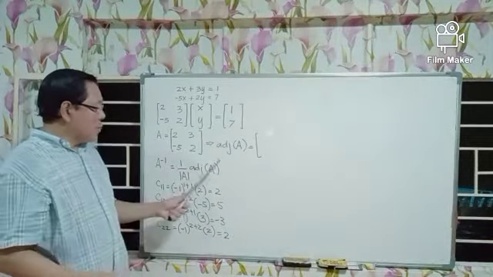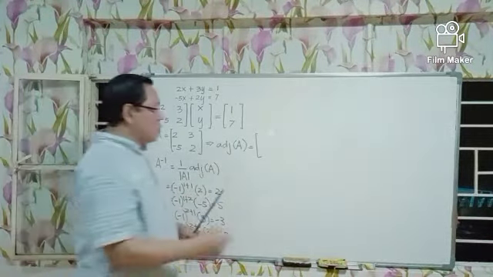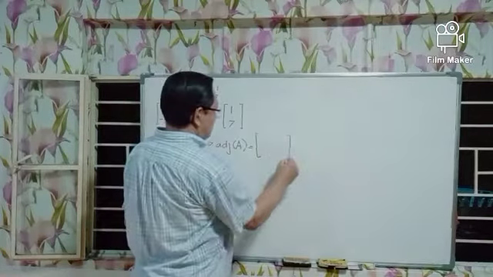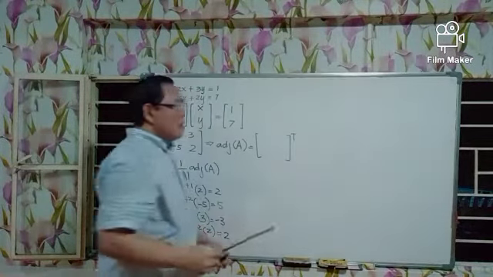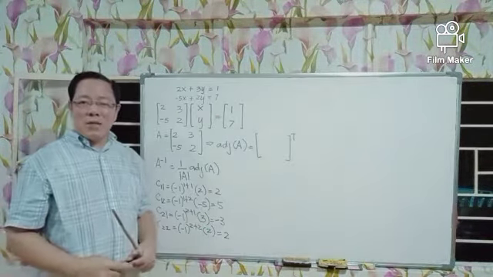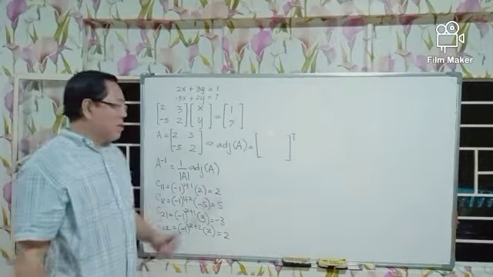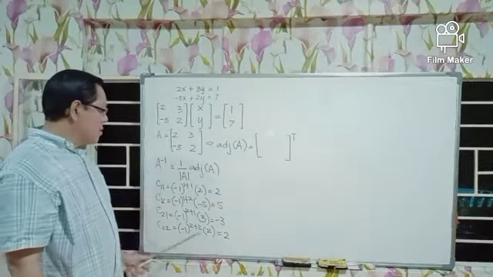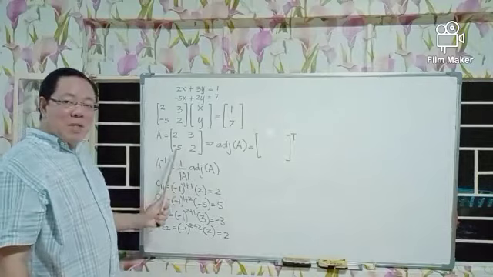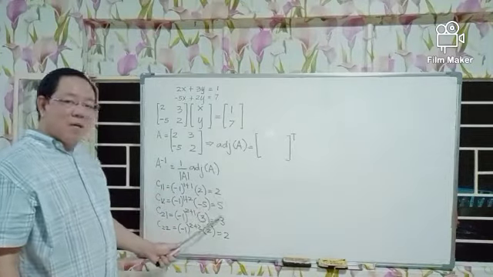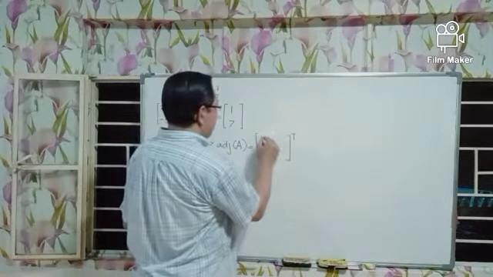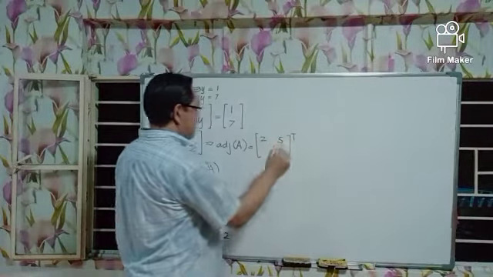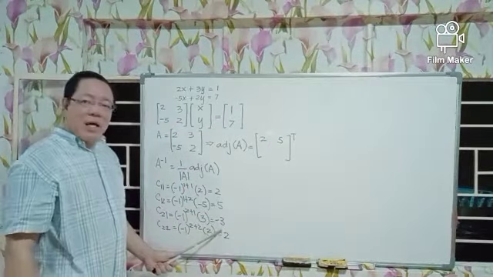And the adjoint of matrix A is the transpose of the matrix whose entries are the cofactors of the elements of A. And the cofactors of these elements of A are 2, 5, negative 3, 2.